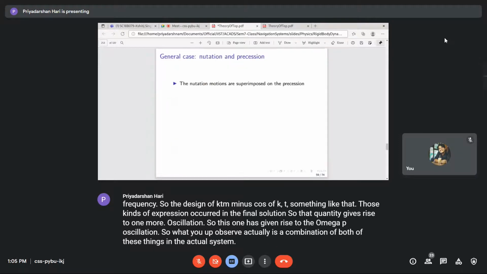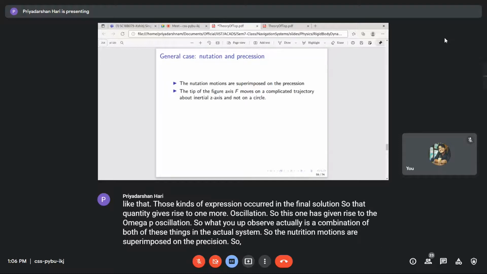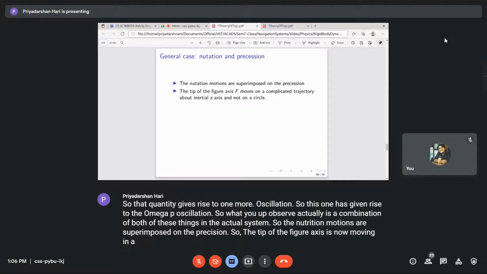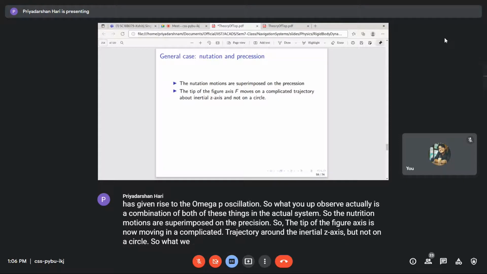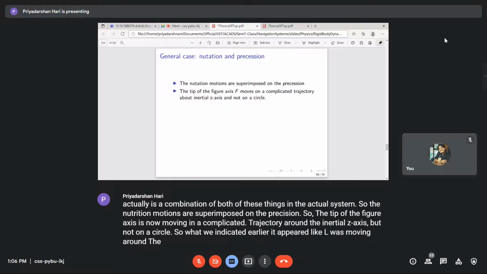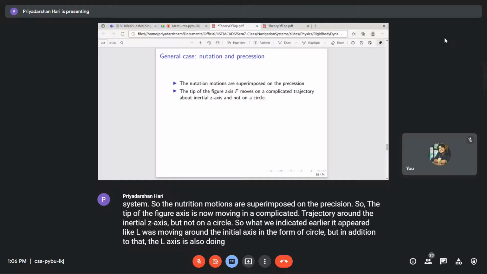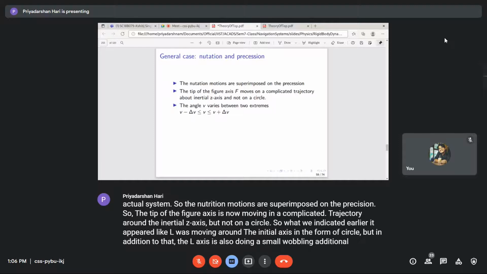So the nutation motions are superimposed on the precession. The tip of the figure axis is now moving in a complicated trajectory around the inertial Z axis, but not on a circle. What we indicated earlier, it appeared like L was moving around the inertial axis in the form of a circle. But in addition to that, the L axis is also doing a small wobbling additional motion.